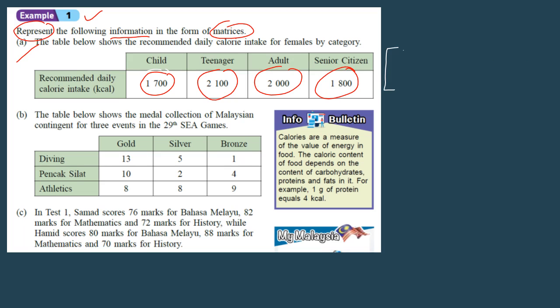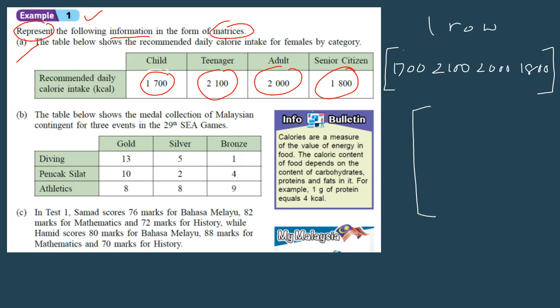You put the bracket, and then 1,700, 2,100, 2,000 and 1,800. Close the bracket. And you can also write it this way. This is 1 row, right?